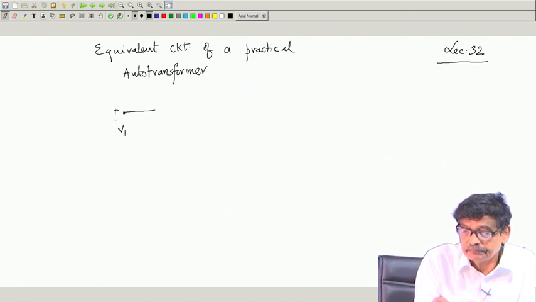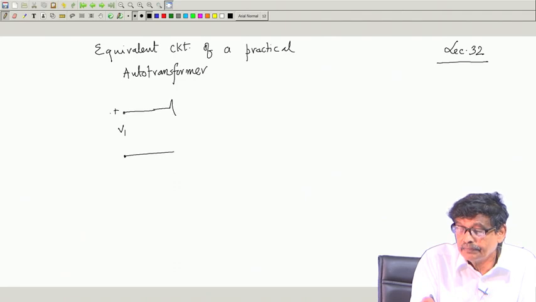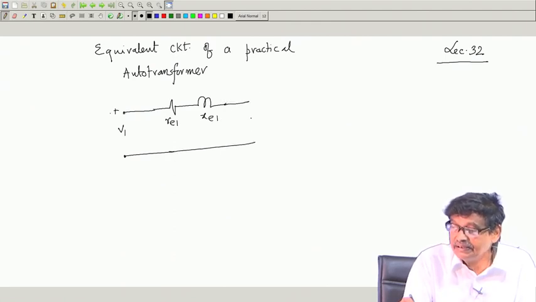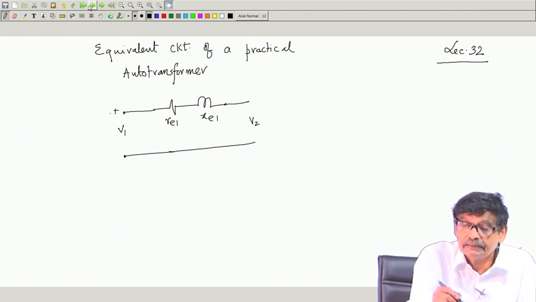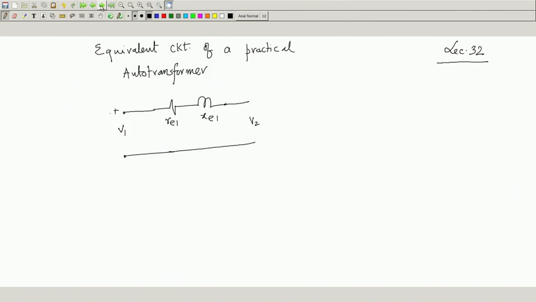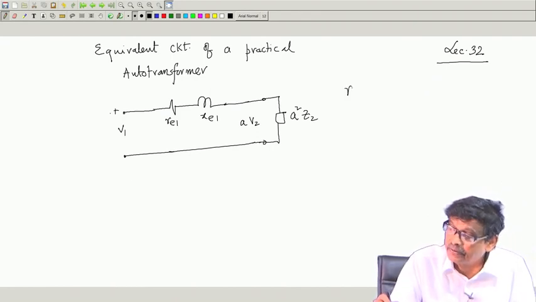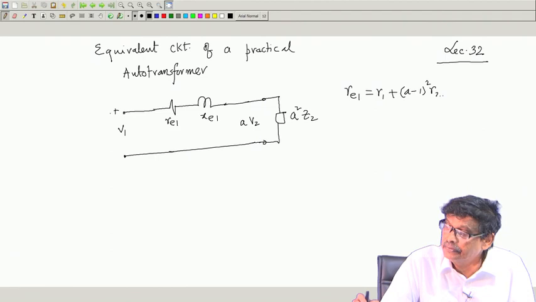V1, RE1, XE1, and this is V2 or A V2, we got A V2 I think, A V2, and the load impedance whatever was connected will be multiplied by A square, Z2, and this RE1, do not forget, it is R1 plus (A minus 1) whole squared R2, XE1 is equal to X1 plus (A minus 1) whole square into X2.